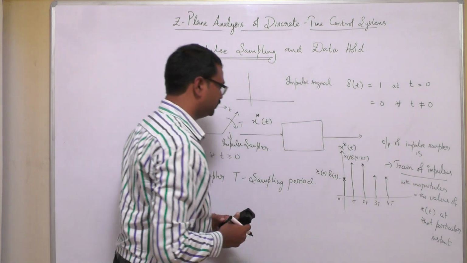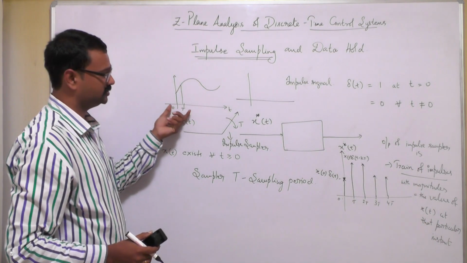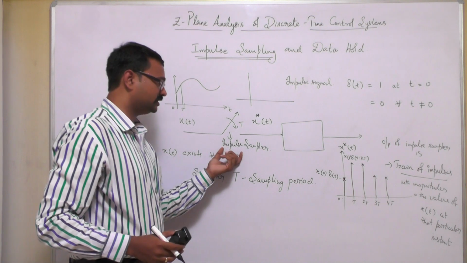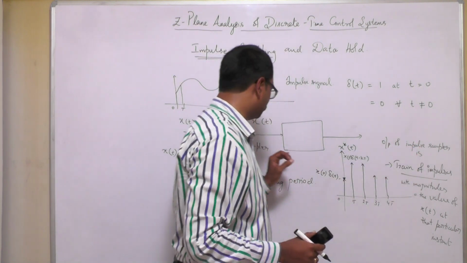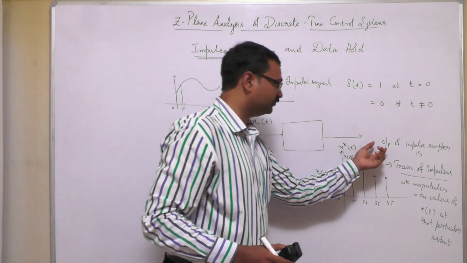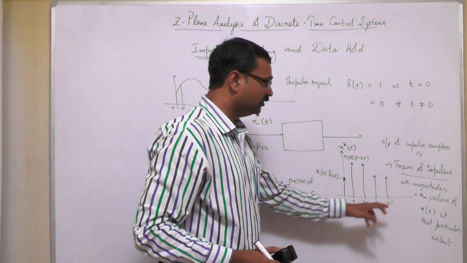That is what we are trying to say. See here, any continuous time signal, if it is applied to an impulse sampler, you will get a train of impulses. This is the sampler, and the output of the impulse sampler is a train of impulses with magnitudes.